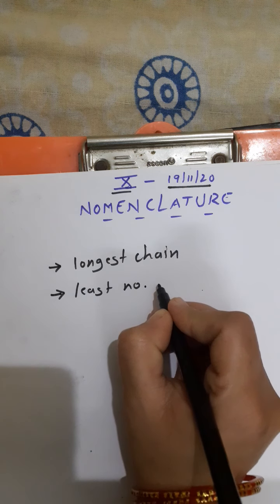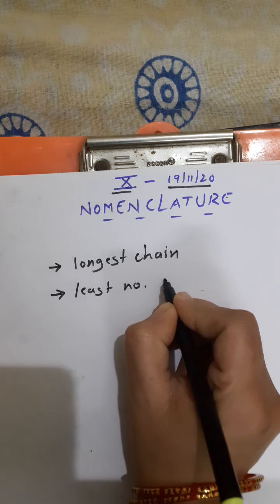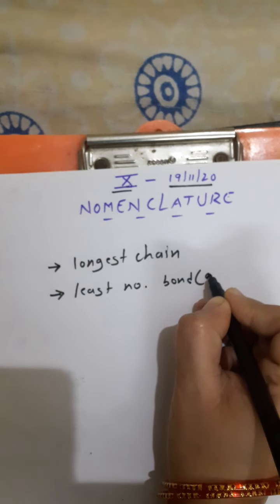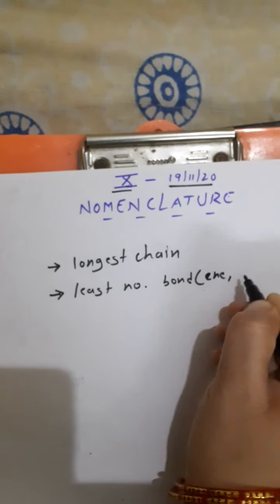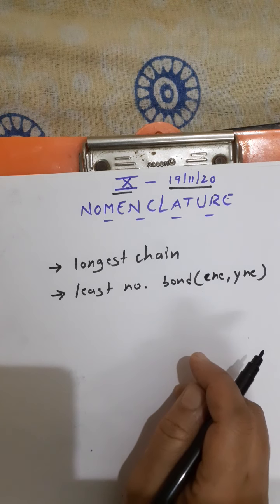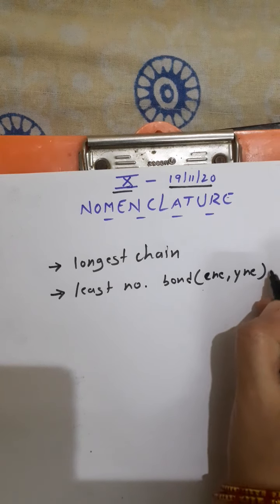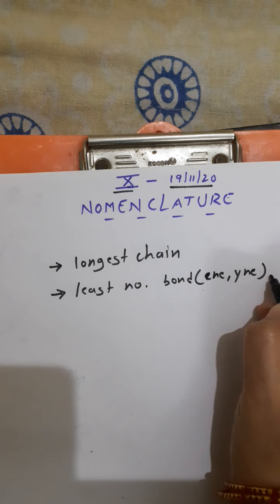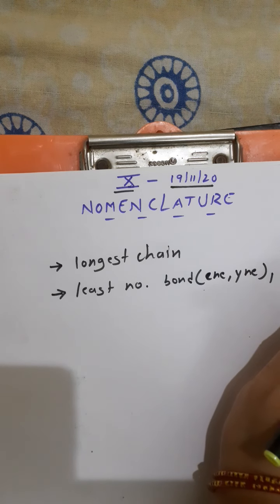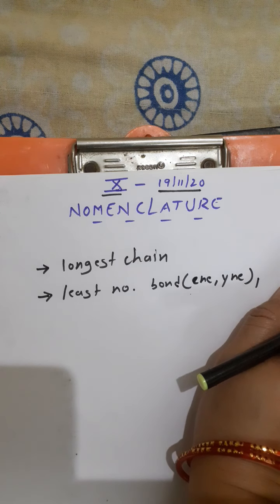Least numbering should be given to the bond. That can be a double bond, that is ene, or a triple bond, that is yne.